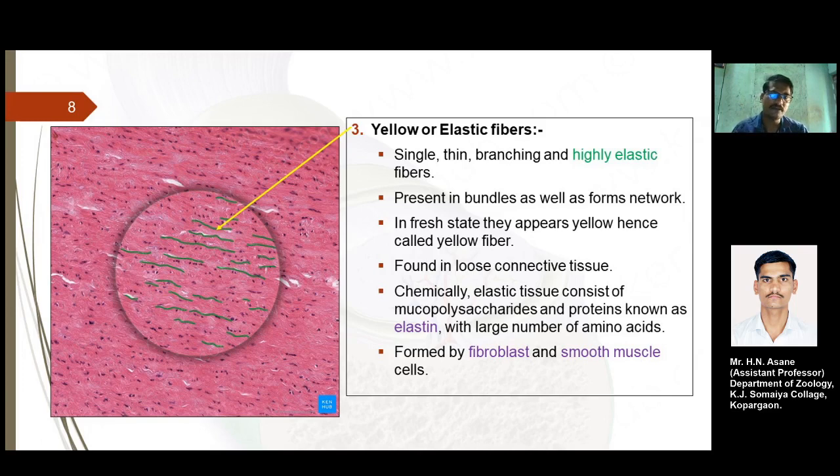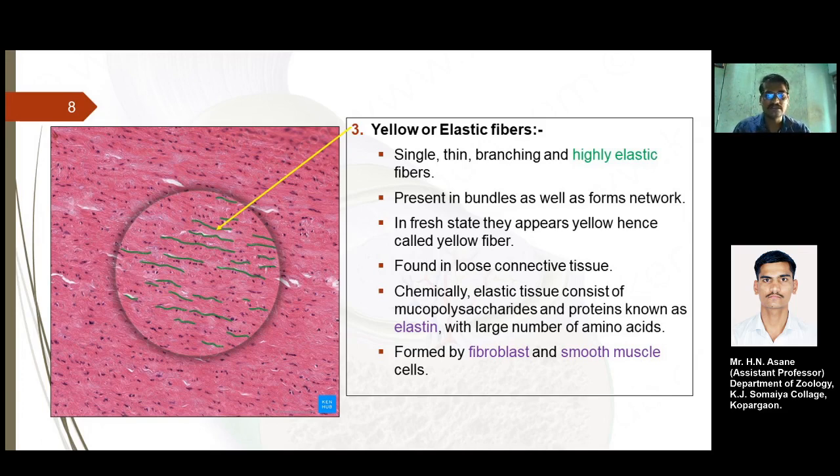These elastic fibers are found in loose connective tissue. Loose connective tissue itself is an elastic type of tissue, and this elasticity is generated by the yellow elastic fibers. These thread-like fibers are situated in the gaps and fill the gaps of the tissue.